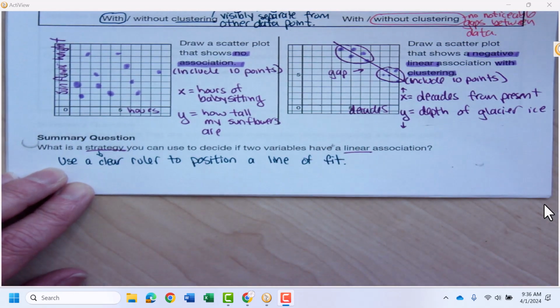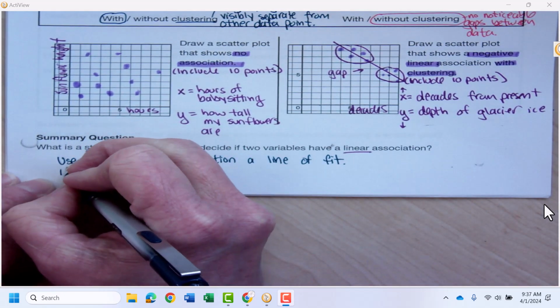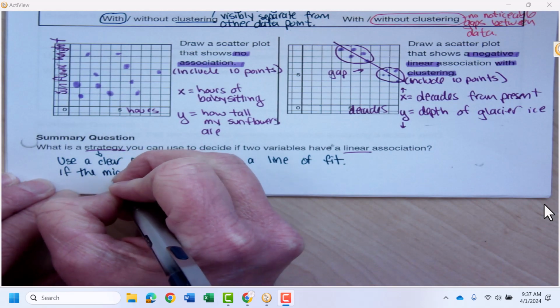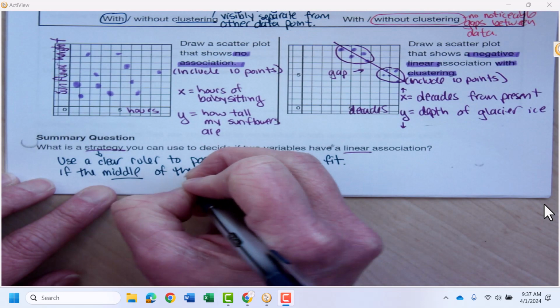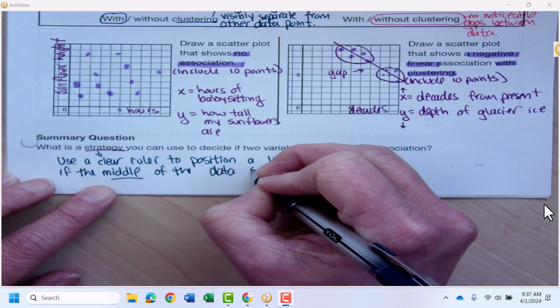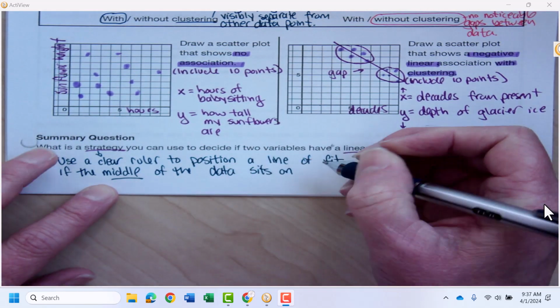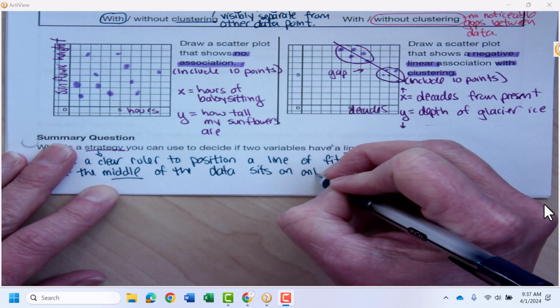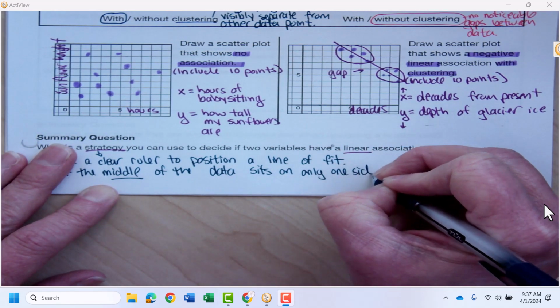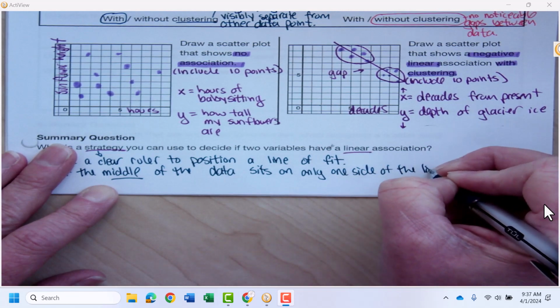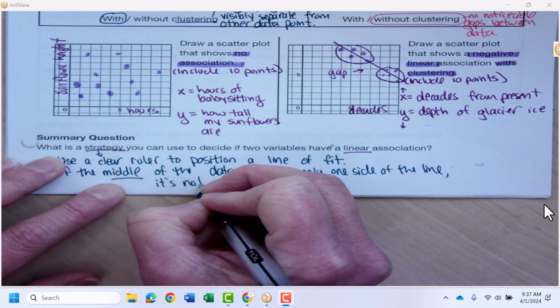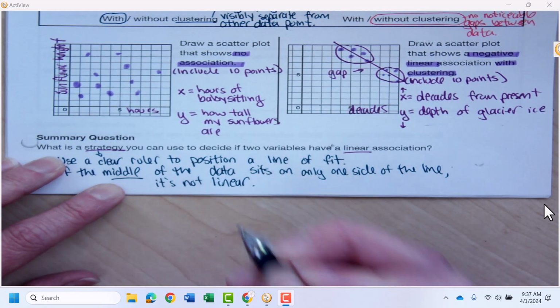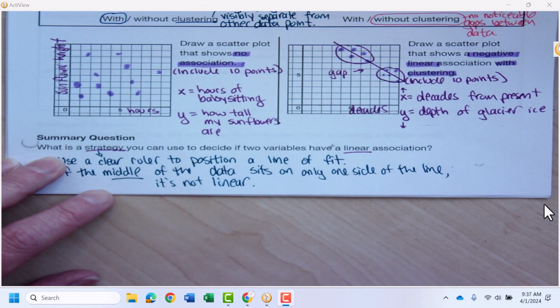And if the middle of the data sits on only one side of the line, then it's probably not linear. The curve would fit that data better than a line.